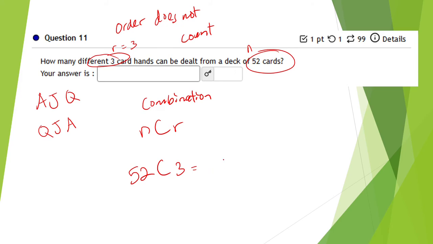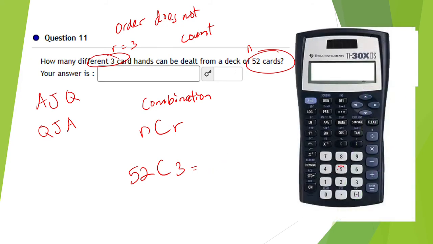To do that in our calculators, we'll have to enter 52 first, click PRB, and then scroll to the right and you'll see the nCr button. So scroll to the right, you'll see the nCr symbol. Click that, and then enter 3. After you do that, push equals, and you should get your answer. I have 22,100.